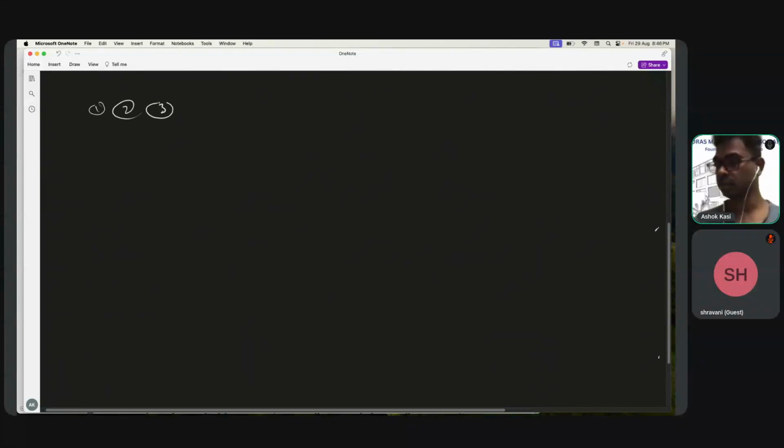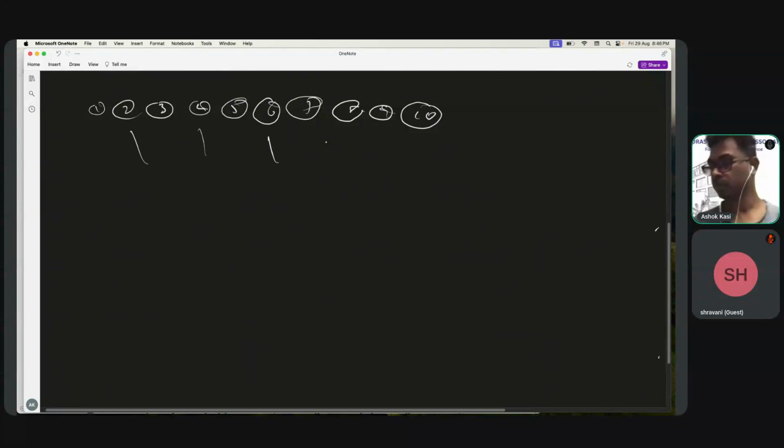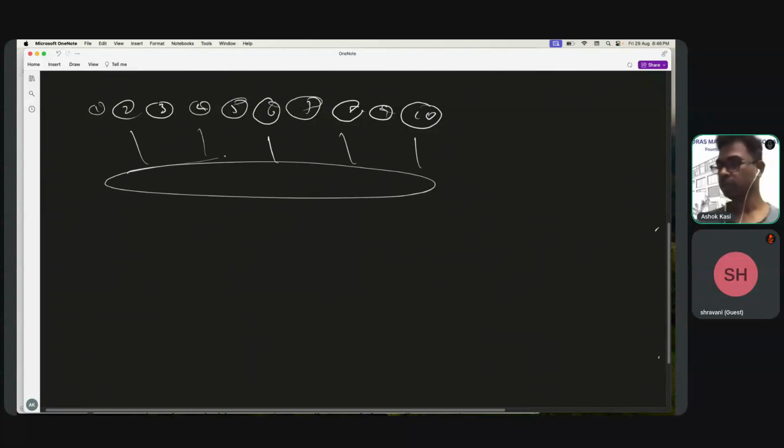First person, second, third, fourth, fifth, sixth, seventh, eighth, ninth, 10th. And then the teacher says all these even group people have to participate in sports. Then what is this?